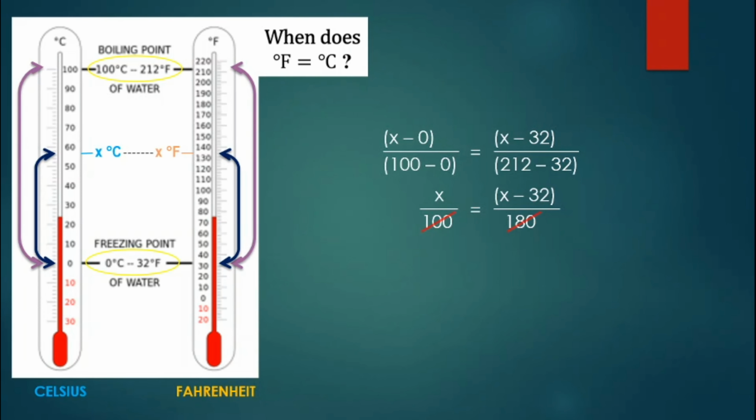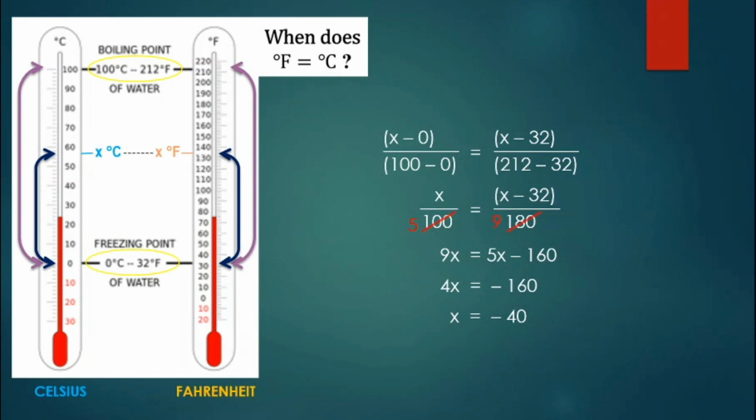So solving for the x, which is the same for both degree Celsius and degree Fahrenheit, we get negative 40. Since this is ratio and proportion, we can even set up different ratios and proportion for both the C and F, and still get the same value, negative 40.